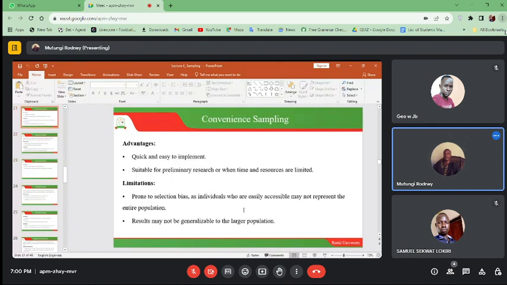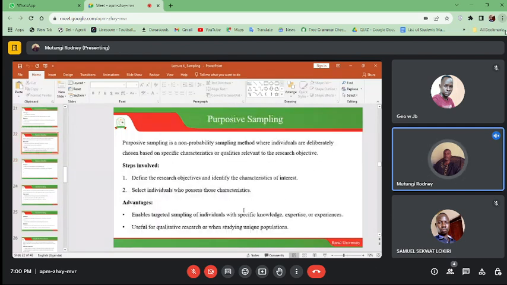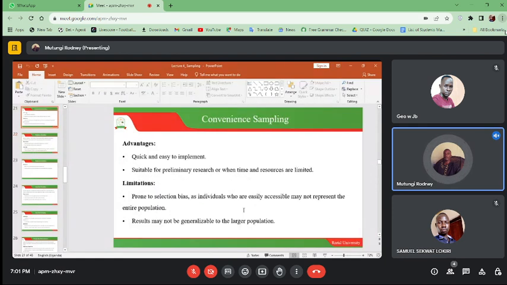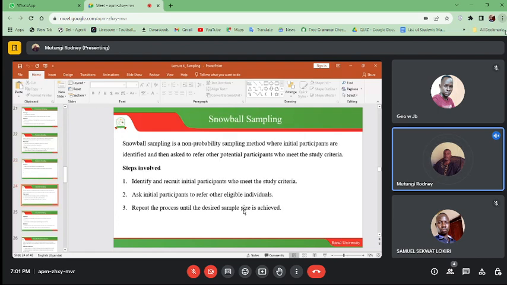The first one in terms of non-probability was convenience, then purposive, and now we look at snowball. So as the name suggests, you know what a snowball is. For those who do not know, it's more of a ball that rolls in ice or in snow, and as it keeps on rolling, it keeps on growing bigger and bigger.